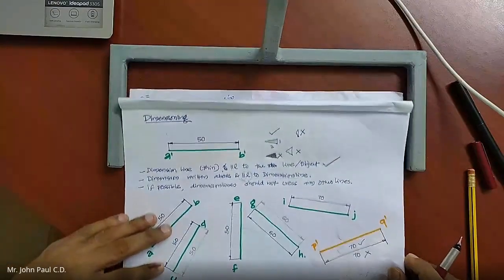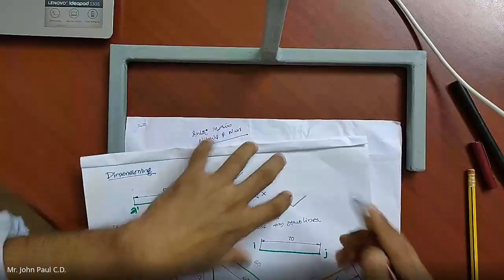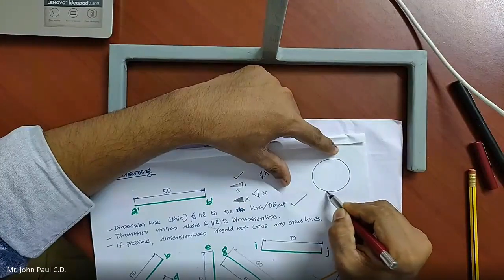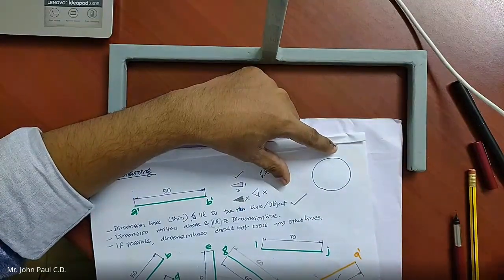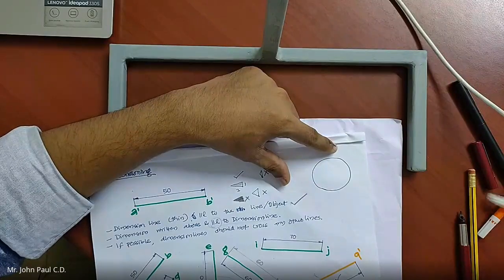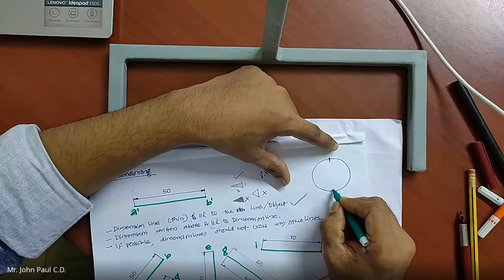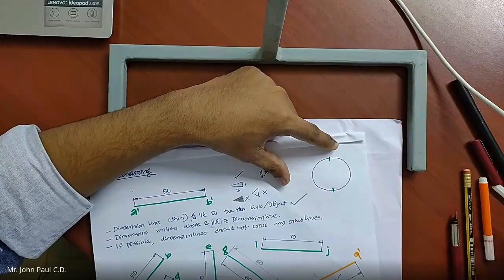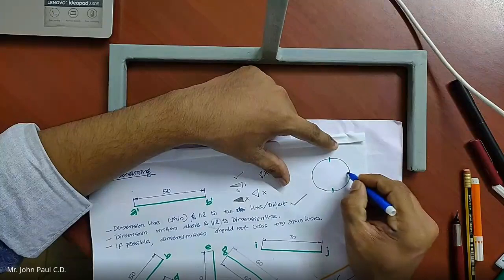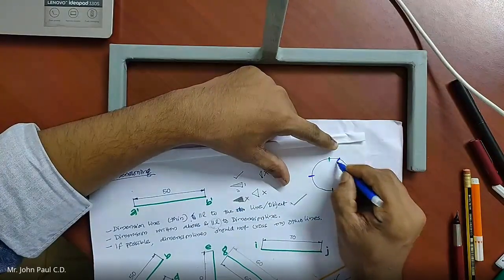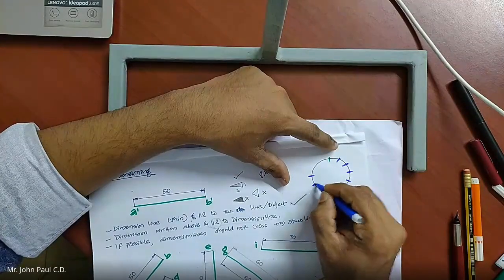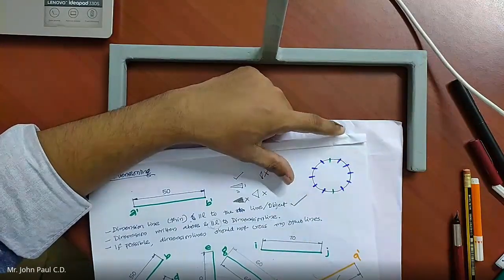So in order to remember this analogy, we usually say the example of a clock. A clock with 12 o'clock, 3 o'clock, 9 o'clock, and the rest.